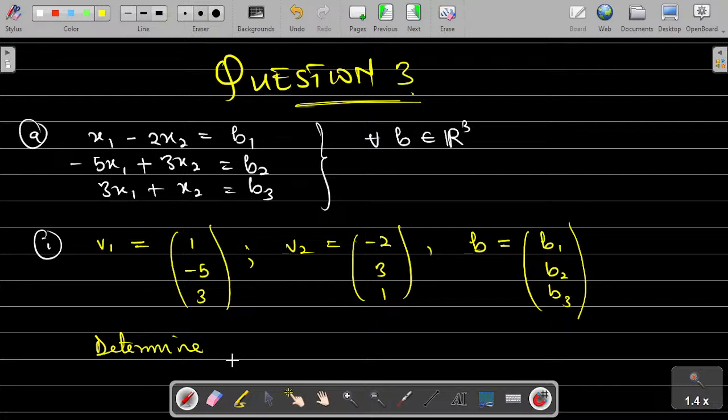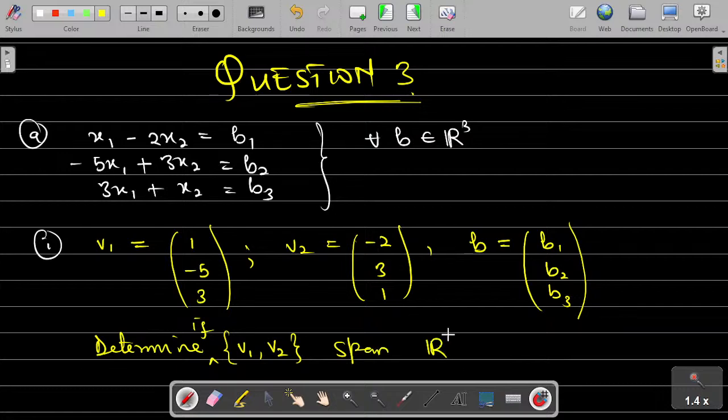So in other words, what we want to determine is if v1 and v2 span R3.